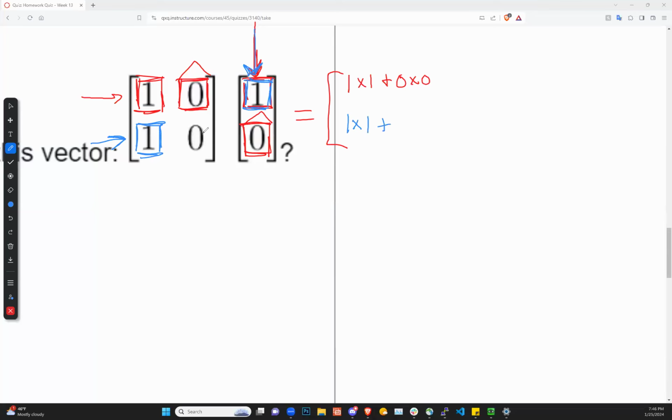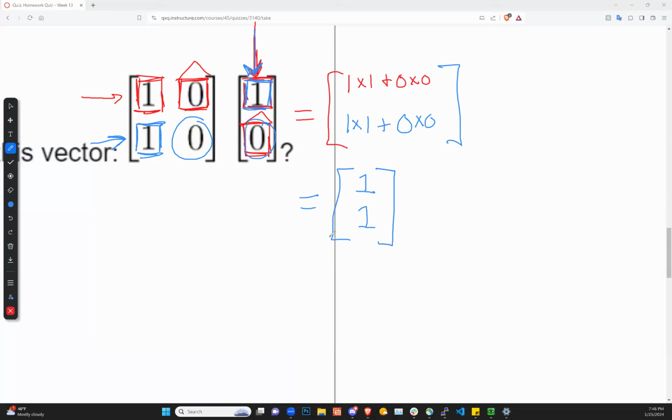And I add that to, I'll just do a circle this time, this 0, which is the second number I bump into, times this 0, which is the second number I bump into. So what we end up with is 1 times 1 plus 0 times 0, which is 1. And then 1 times 1 plus 0 times 0, which is also 1.